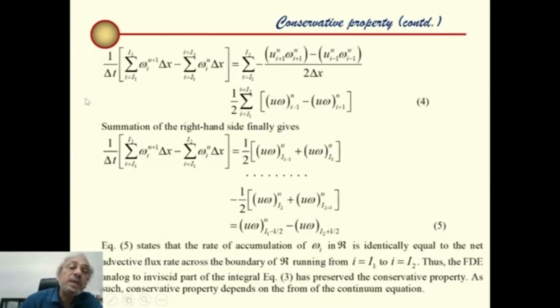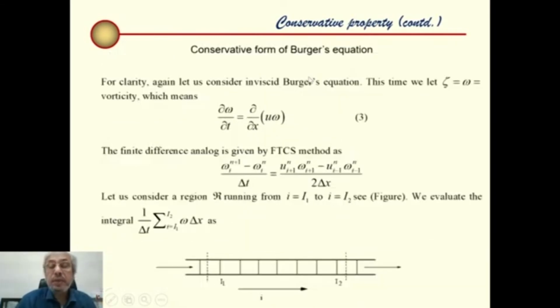And exactly we are doing that. 1 by delta t, omega I n plus 1 delta x minus omega I n delta x, I equal to I1 to I2. This is equal to what we did here.